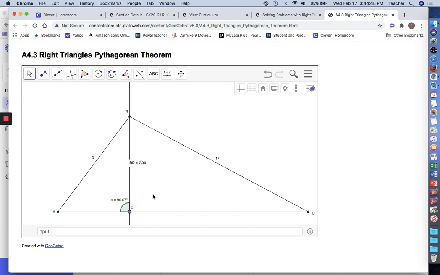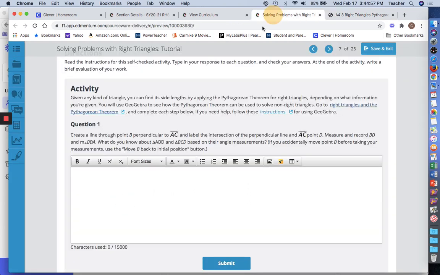To be perpendicular, it should be 90. So BD is roughly 8, and angle BDA is 90 degrees. Let me put that: BD equals 8, and angle BDA equals 90 degrees.